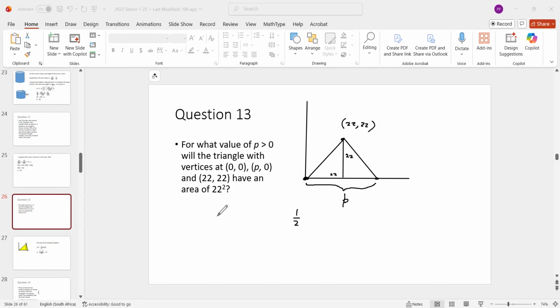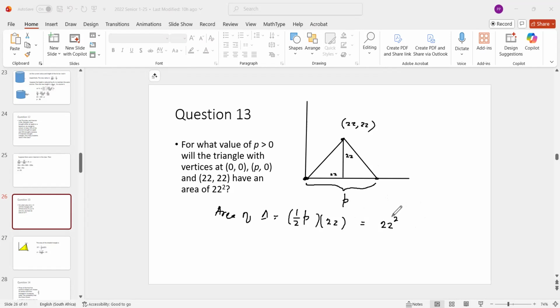So the area of the triangle, the formula for the area of a triangle is half base, and the base is P, times the height. Now, you know the height, you can see from the diagram, I got that as 22 because that's the y coordinate of this point. And they say the area is 22 squared.